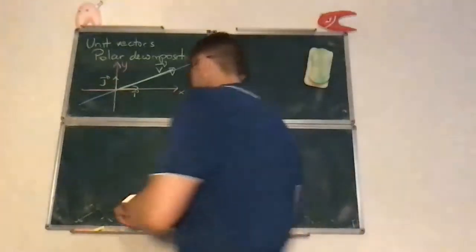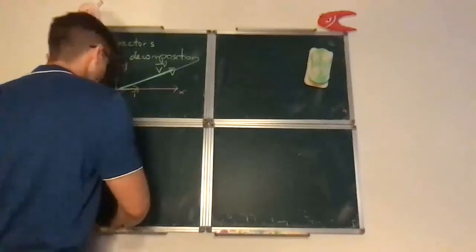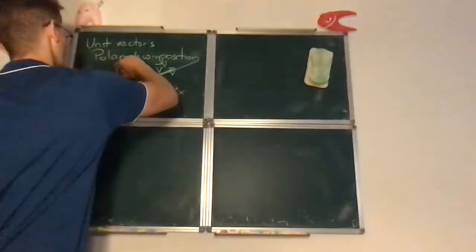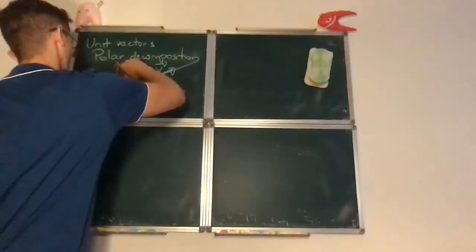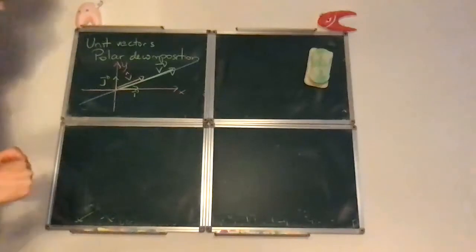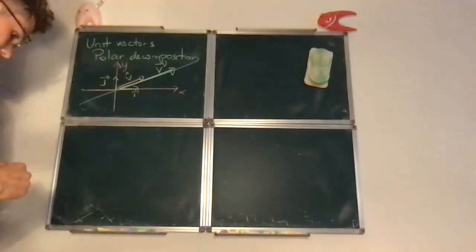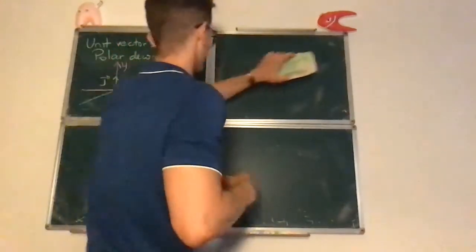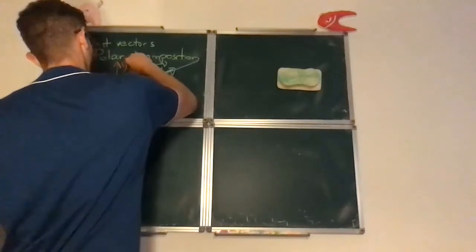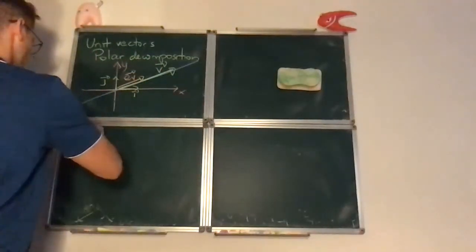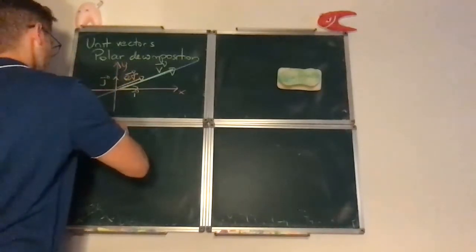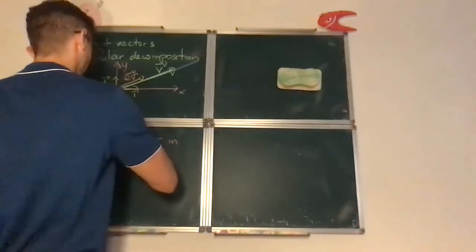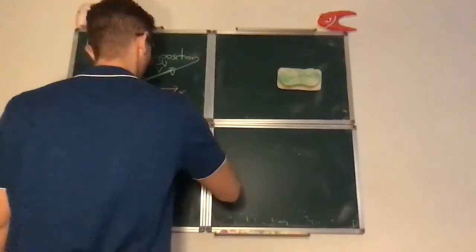That means that associated to this vector, there's a rescaled version of it, which let's call e sub v, or v hat. And e sub v is a unit vector in the direction of v, right?